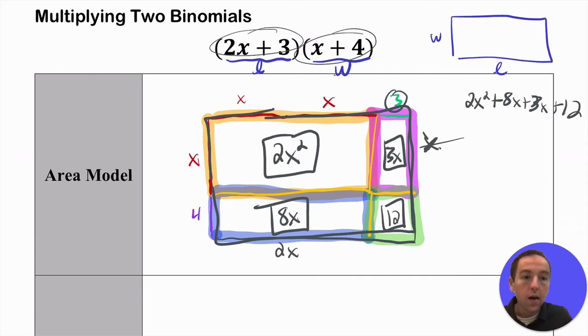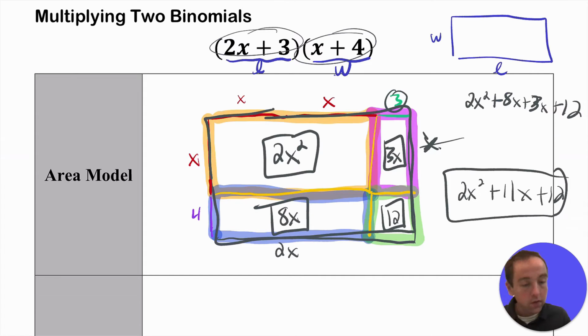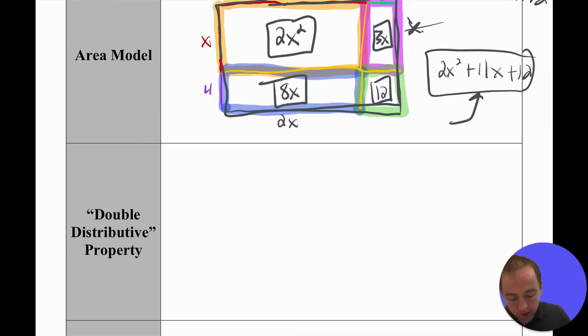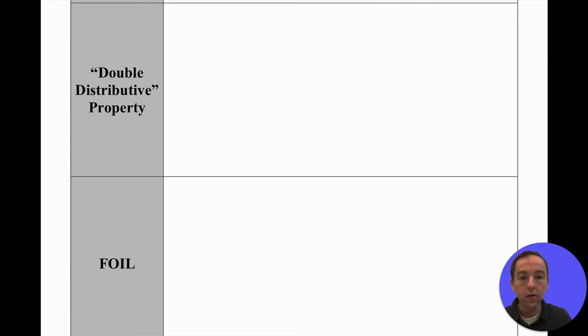And if you simplify that by combining those two middle terms, you end up getting 2x squared plus 11x plus 12. And that gives you an algebraic expression for what that area would be. It turns out that this right here actually is the answer to what the multiplication of those two particular binomials would be. So I'll jump back to the double distributive property in just a little bit.